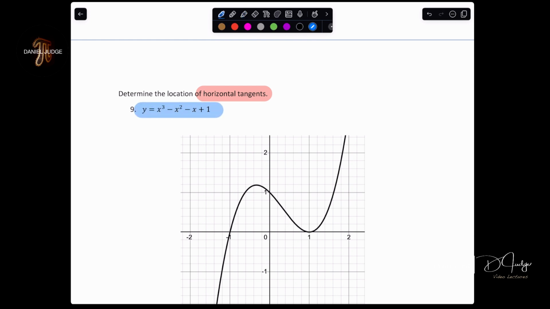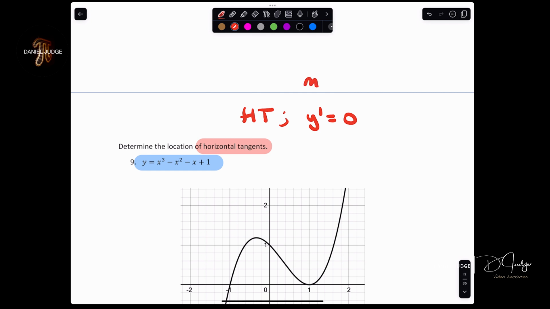Horizontal tangent lines, let's remember, I abbreviate that HT. That's where your derivative equals 0. Because that's really saying the tangent lines must have a 0 slope if the line is going to be horizontal. So that's the key. This goes back to beginning algebra. Horizontal lines have a 0 slope.